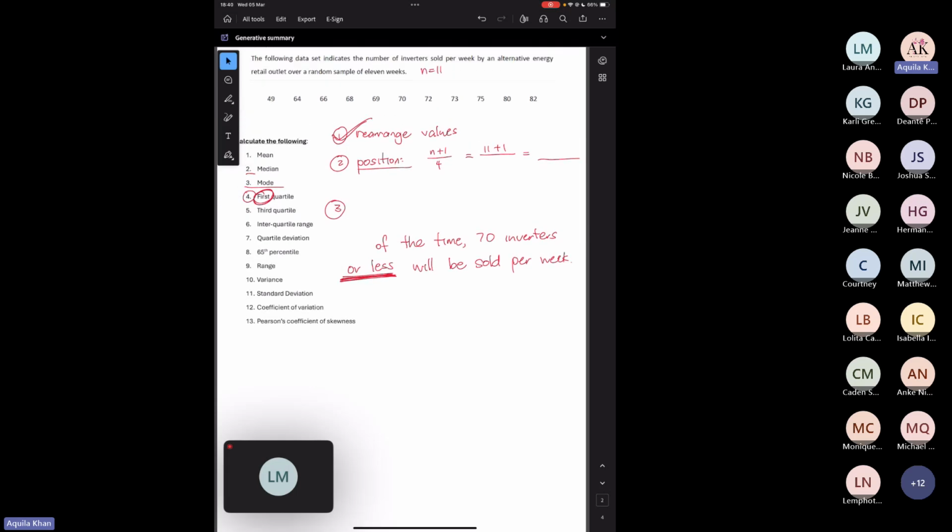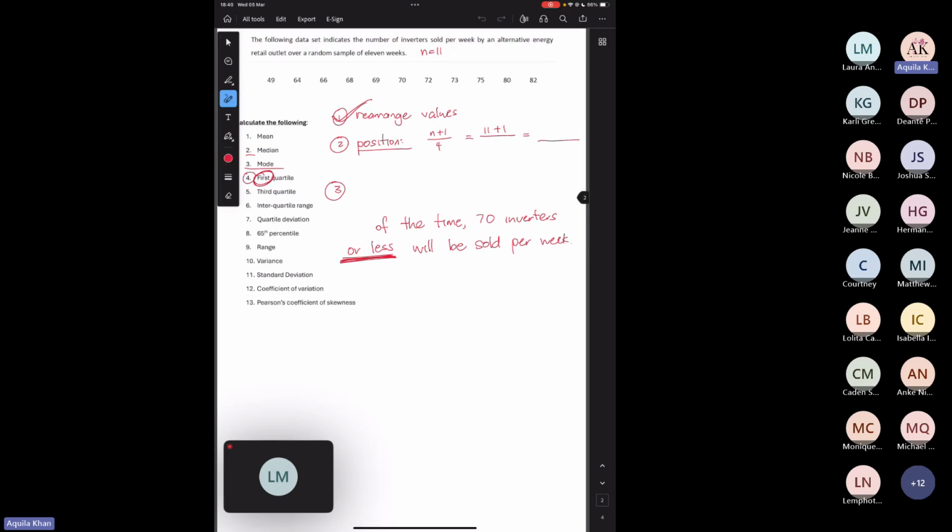We saw that at the top. It's 11 plus 1 divided by 4, which is 12 over 4, which tells us that the third value in the data set is your Q1. So Q1 is 1, 2, 3. It is 66.